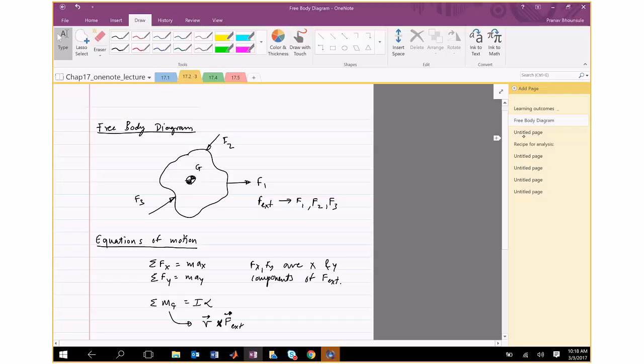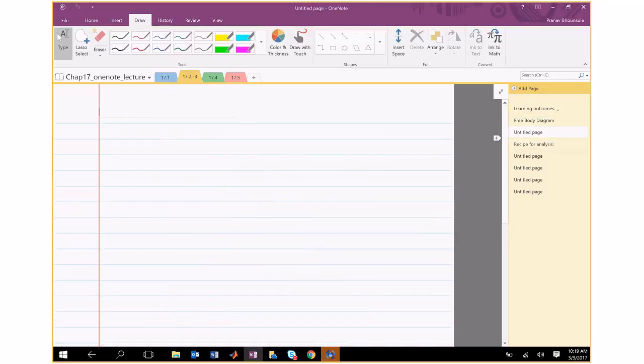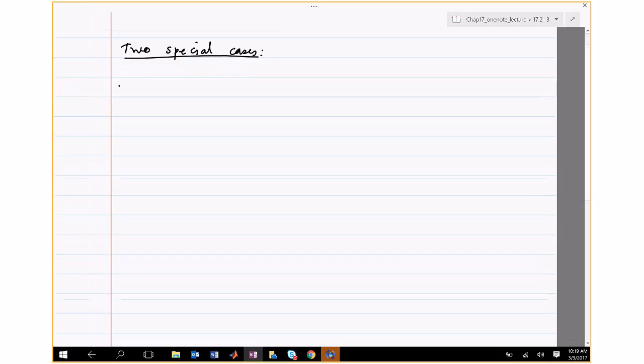So, two special cases. Rectilinear translation.